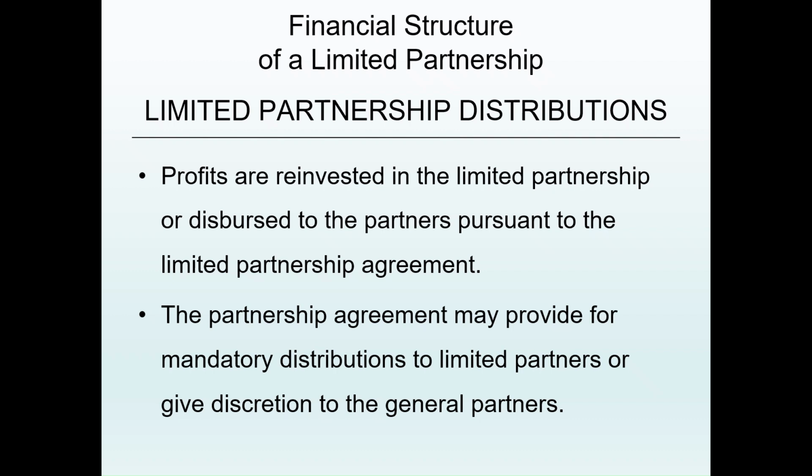Still on the financial structure, the income of the limited partnership is reinvested in the limited partnership or dispersed to the partners pursuant to the agreement. And distributions cannot be made to partners if after those distributions the partnership's liabilities will exceed the partnership's assets. So they can't go into the red.